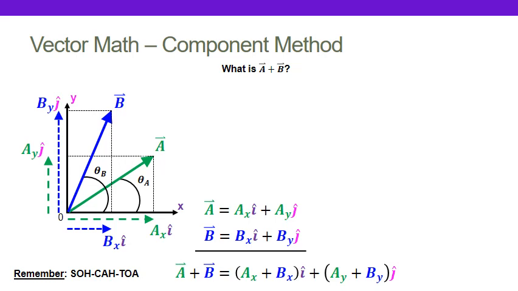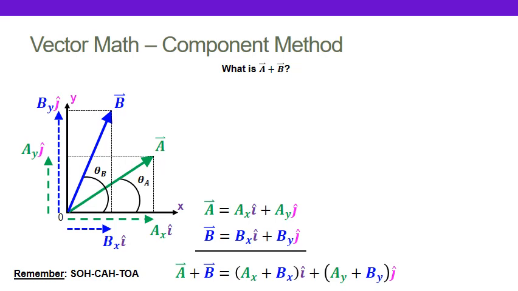Of course, the x components both have their scalar part times the unit vector, the x unit vector, the i hat. And so we can factor out that i hat and we just get an addition of their scalar components, ax plus bx, multiplied by the x direction. Similarly, in the y, we have the sum of the scalar components ay plus by times the y direction, j hat. And that gives us our result.